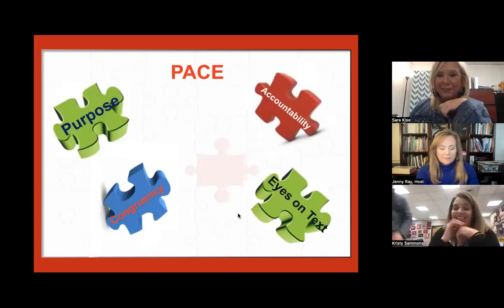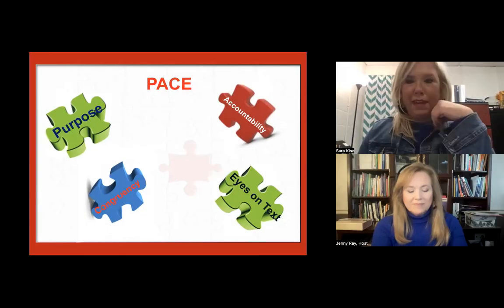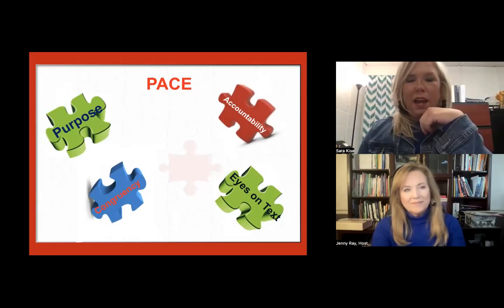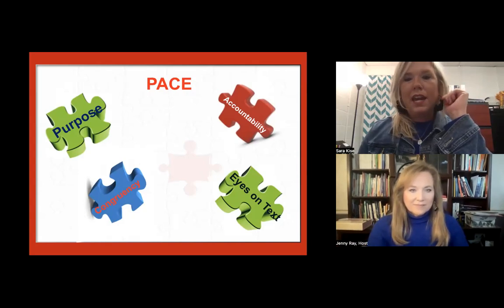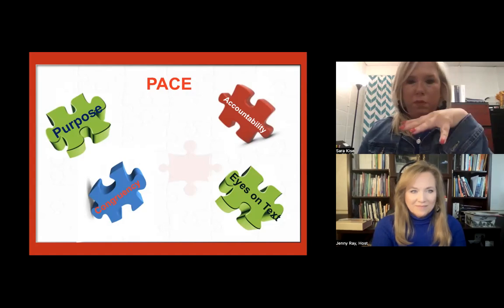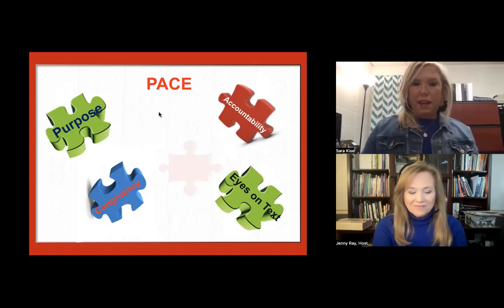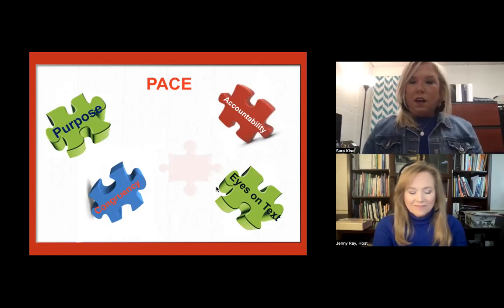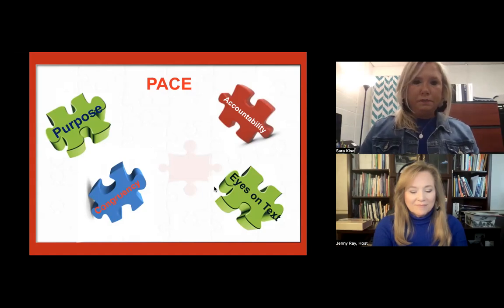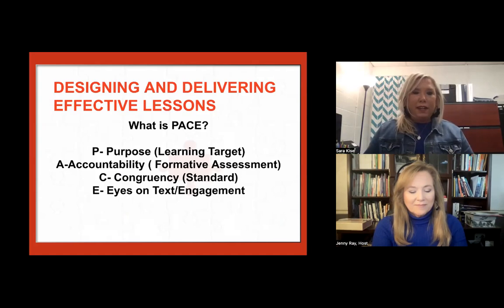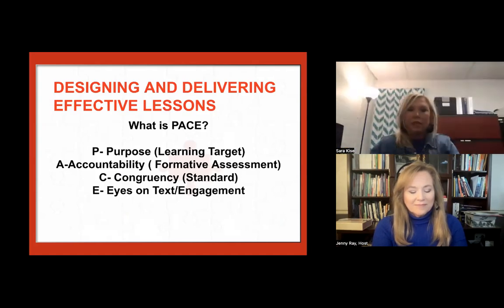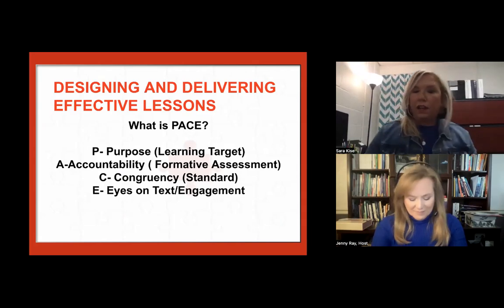So PACE: the P stands for purpose, A stands for accountability, C stands for congruency, and the E stands for eyes on text. I'm going to break down each one and exactly what that means for teachers. So, designing and delivering effective lessons. The P is purpose, and that really is just your learning target, your I can statement.